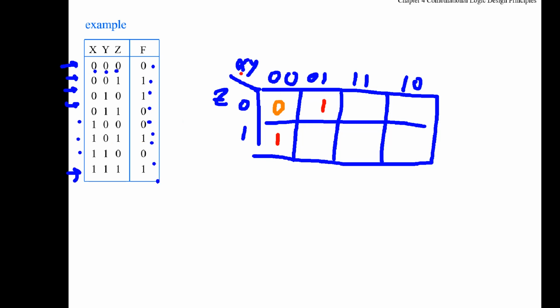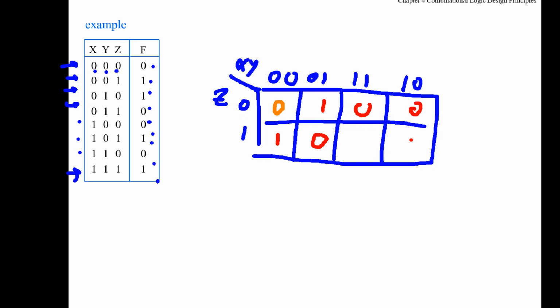And what else? X, Y, Z, 0, 1, 1, output 0. And what else? 1, 1, 0 is 0. How about this cell? 1, 0, 0 is 0.